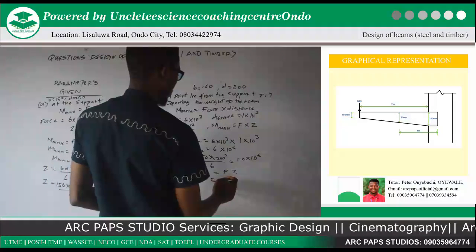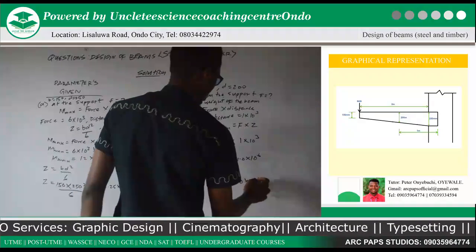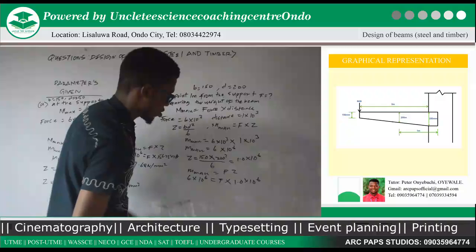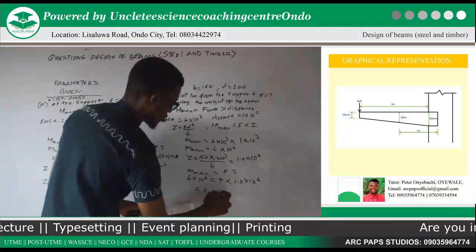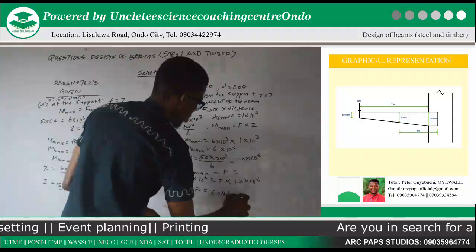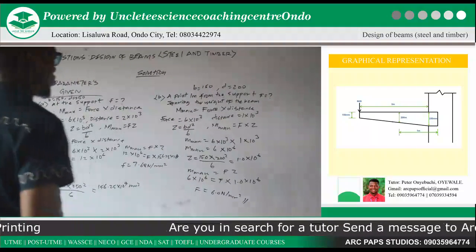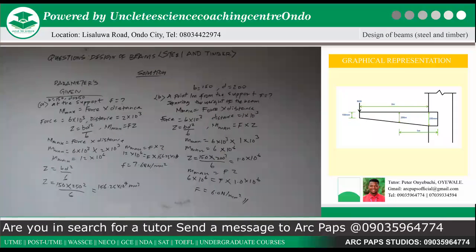We are looking for our F. Our Z is 1.0 times 10 raised to the power 6. Now we make F the subject of the formula. 10 raised to the power 6 will cancel 10 raised to the power 6. 6 divided by 1.0, which is 6.0 Newton per millimeter square. So those will be our bending stresses at the particular points.